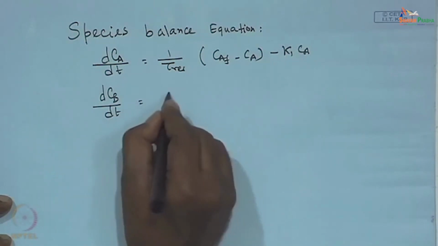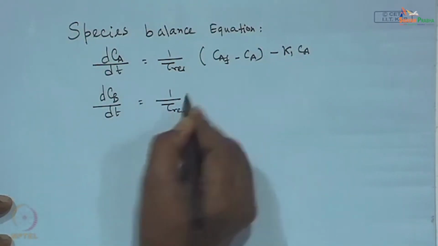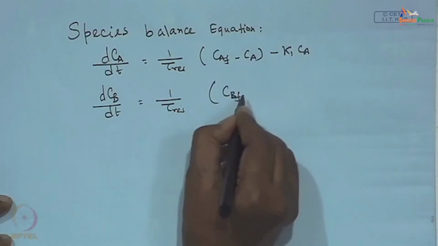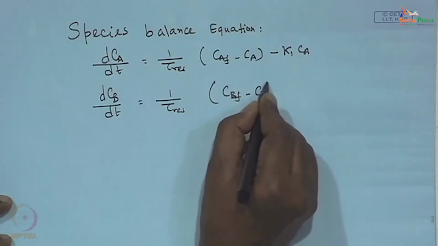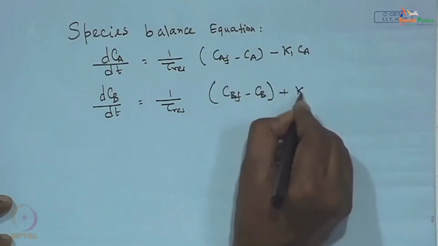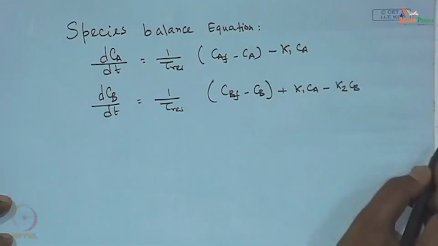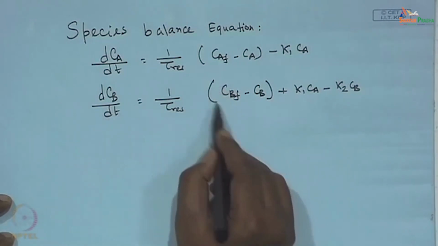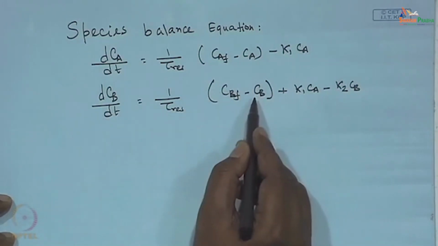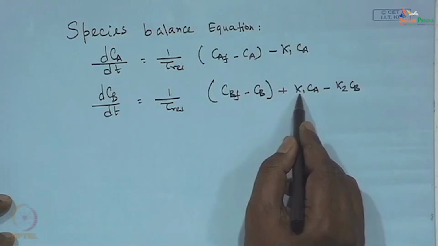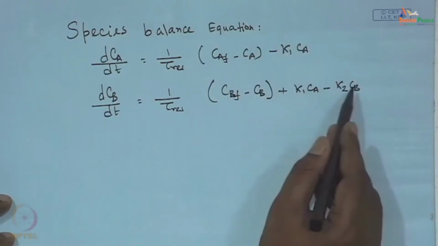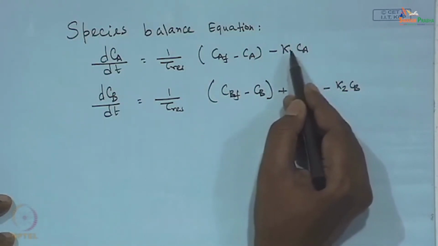B balance will be dCB dt equal to 1 by tau times CBF, the B feed, minus CB, plus K1 CA minus K2 CB. So, this is the accumulation term, this is net material in minus net material out, plus rate of generation here, and in the case of A it will be consumption.